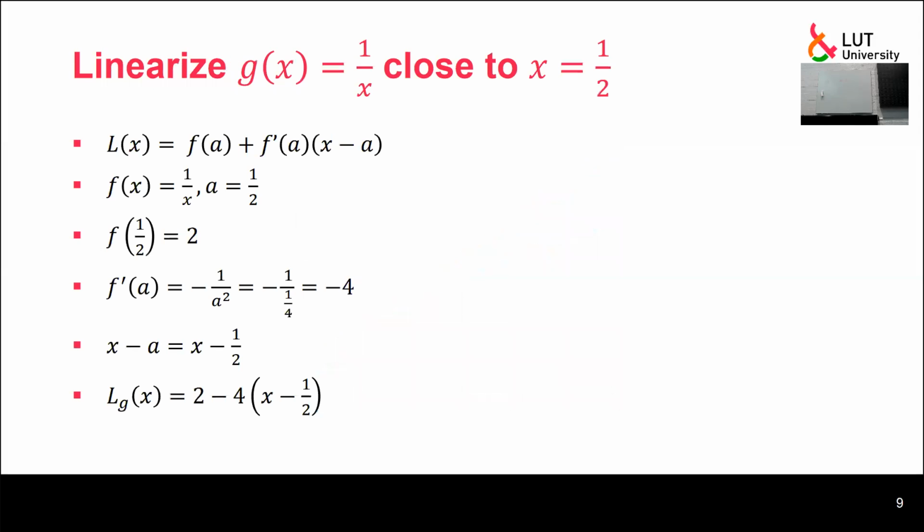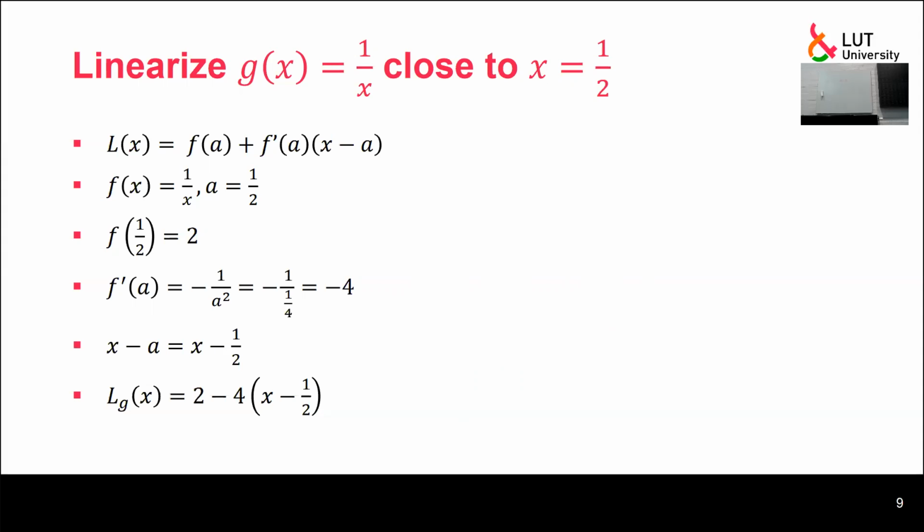Let's try another one. So the linearization formula, same thing again. f of x is 1 over x, a is half, so f at the value of a is 2. Then the derivative, minus 1 over a squared, a is half, so we get -4.